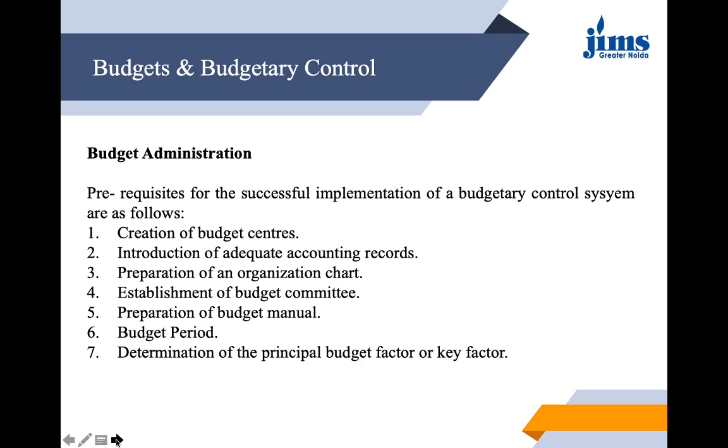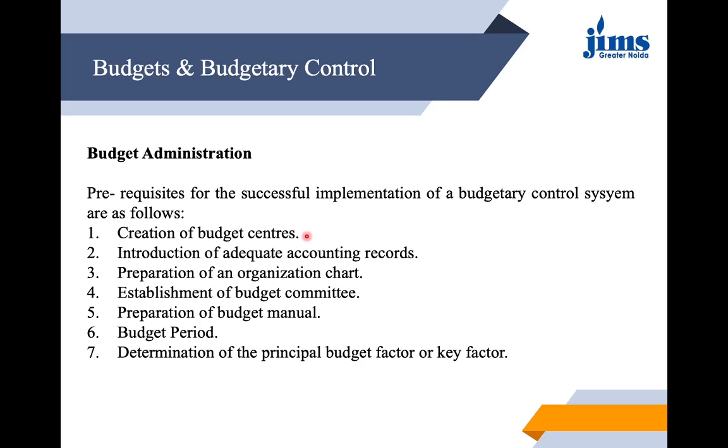So we do have certain prerequisites so that we can have a successful implementation of a budgetary control system. For that we have certain steps that I have mentioned here. The first step is creation of budget centers. You know that it is the world of specialization.